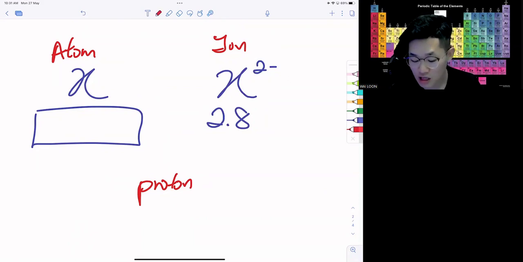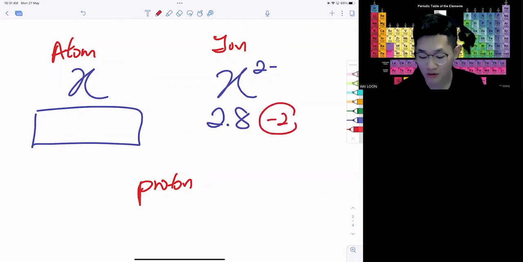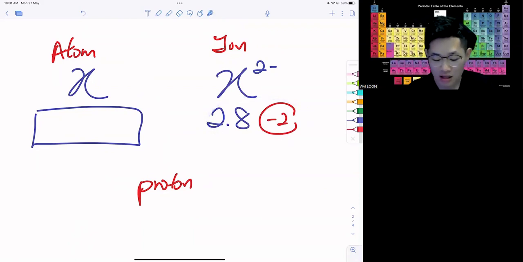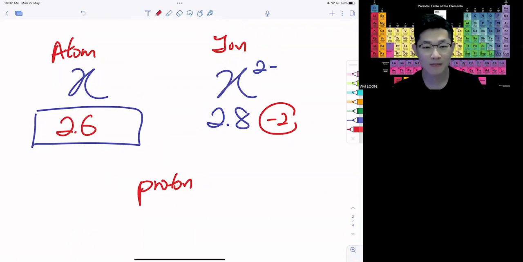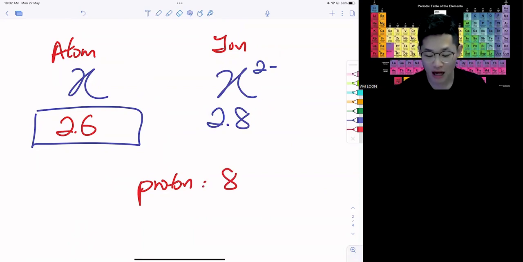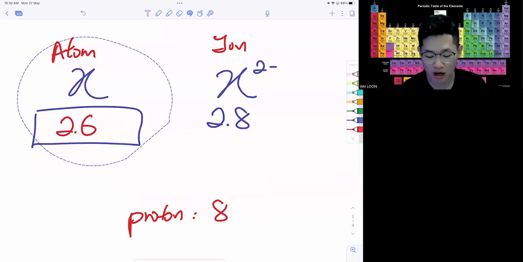So you ask yourself, if I minus 2 electron from 2, 8, what am I going to get? I'm going to get 2, 6. So the answer for proton is 8.